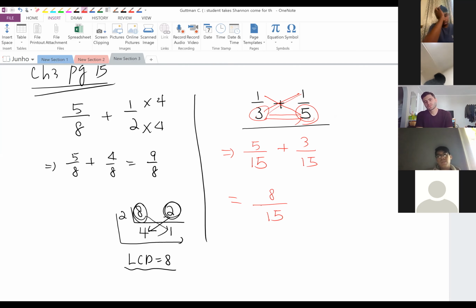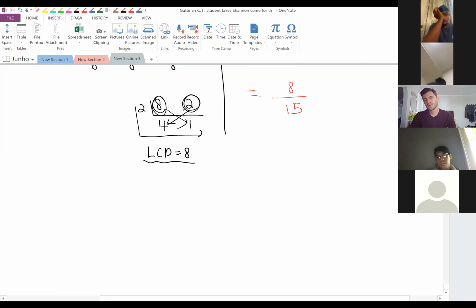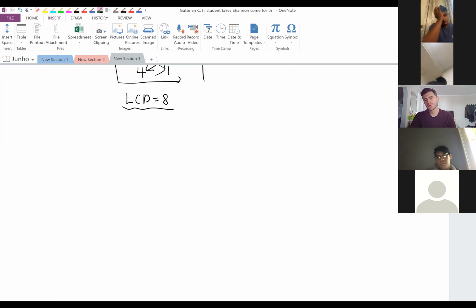Now, these are the only two cases, but what if we have three or more fractions? We will cover one simple problem with more than two fractions, which is 6/14 minus 3/21 plus 3/7. As you see, look through it carefully. 14, 21, and 7.